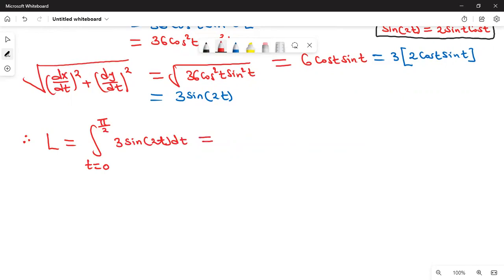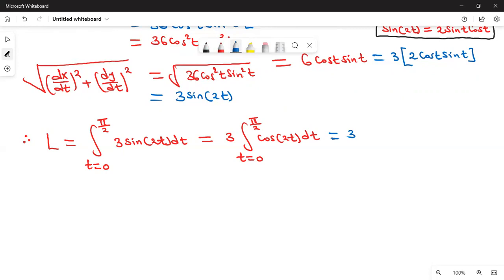And now 3 is a constant, you can factor that out. The integral from t equals 0 to pi over 2 of cosine of 2t dt. So this is equal to 3 outside. When you integrate, what did we differentiate to get cosine 2t?